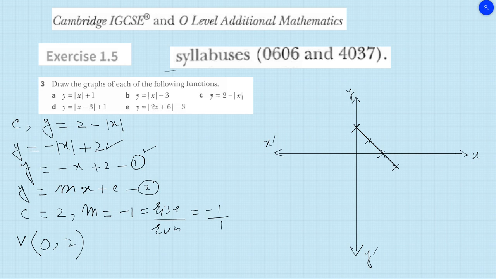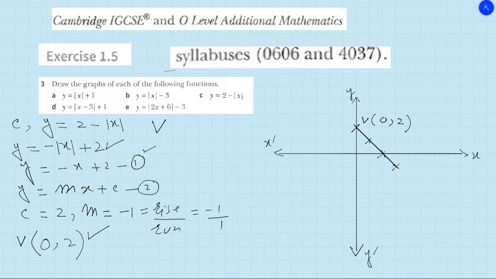Now, what is our vertex? See carefully. Our vertex is 0, 2. So this is our vertex 0, 2. Students, as you know, the graph of an absolute valued function is always a V-shaped graph. But there are two kinds of V-shaped graph.